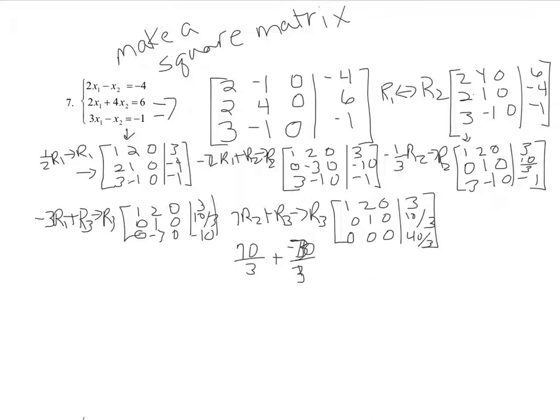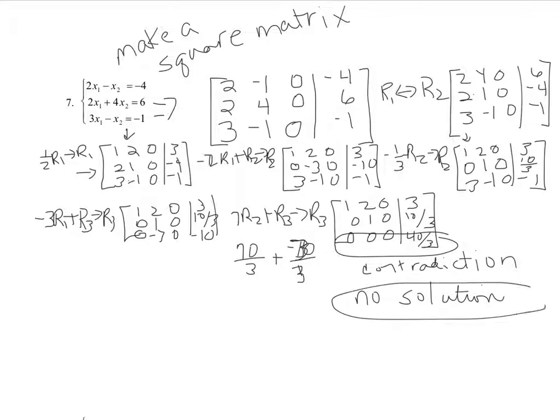Because if I look at this bottom row, that is a contradiction. I have zeros for every element on the left side, and that would say that 0x1 plus 0x2 plus 0x3 is equal to 40 over 3. That means there is no solution on this one.